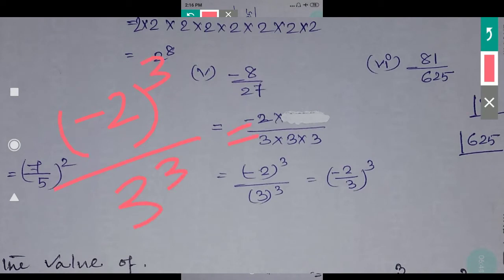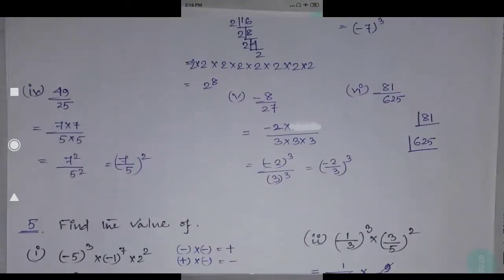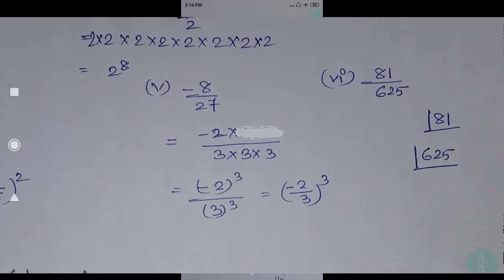Because here also cube, here also cube, I can write this cube outside the bracket. So minus 2 by 3, the common power is what? 3. So outside the bracket 3 will be there. So this is one base and your power is 3. That means it is in the form of what? Power notation.